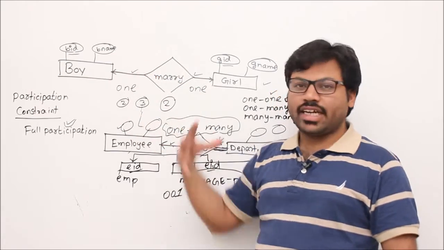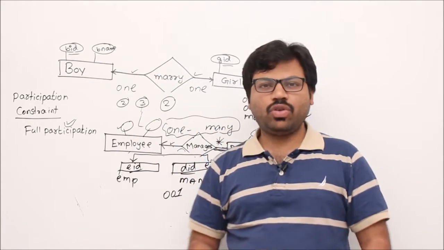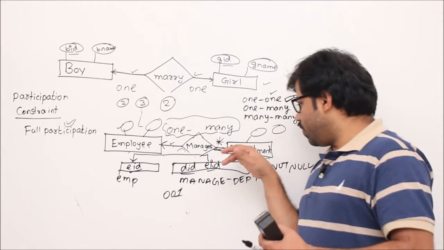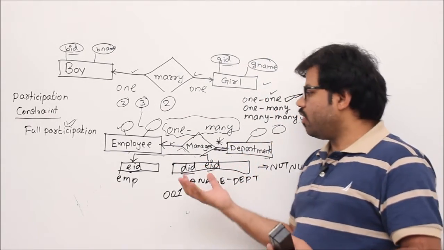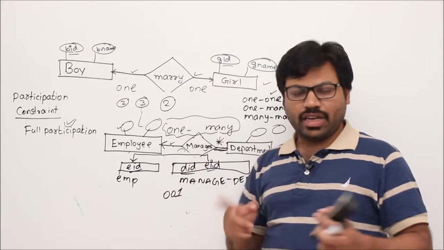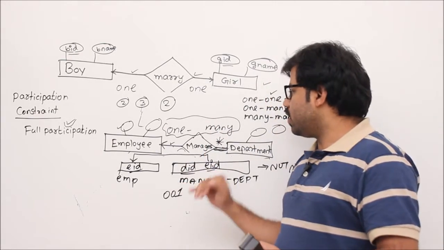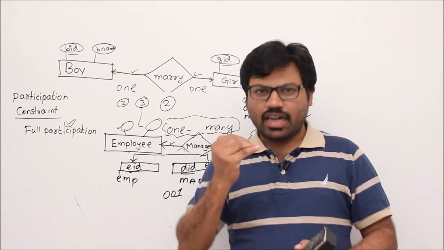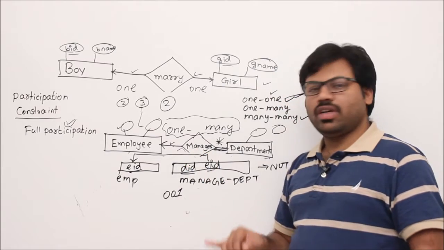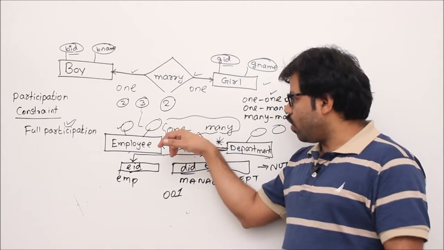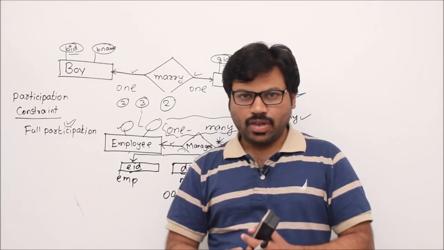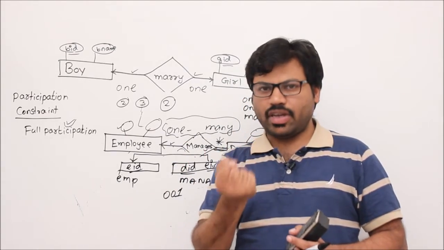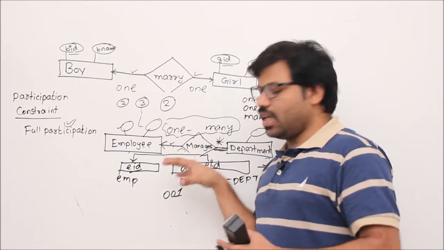Once you write such ER diagrams, we can directly convert them to tables, as I explained. Whenever you want full participation, we use not null, correct? And whenever you want one to many or many to one, or one to one, what we do is, I'm talking about a relationship: if you want one to many on that relationship, make the many side table's primary key the primary key of your relationship.